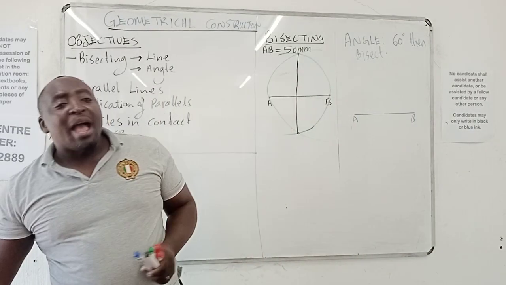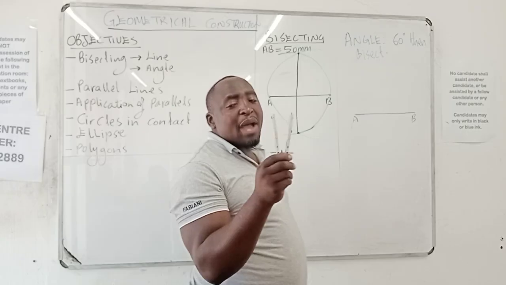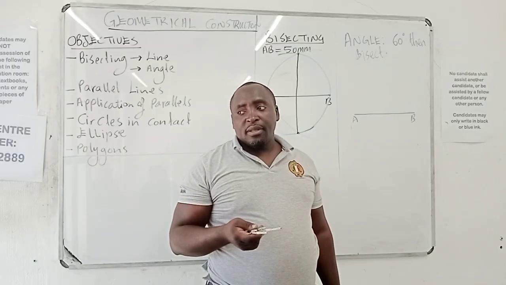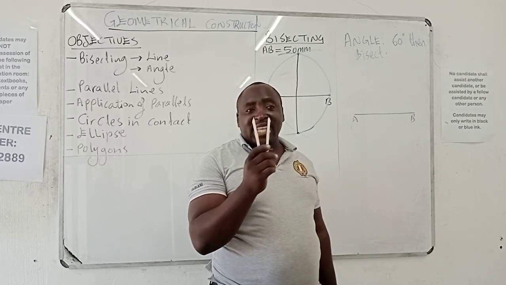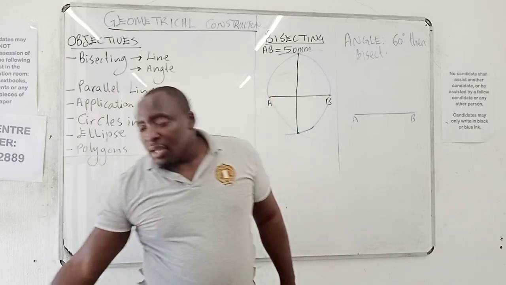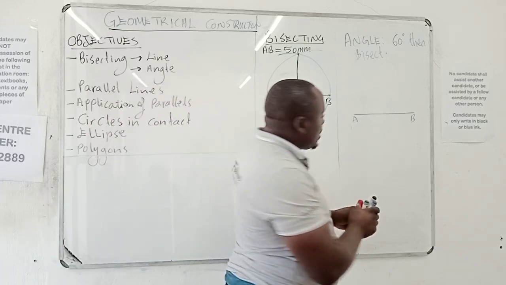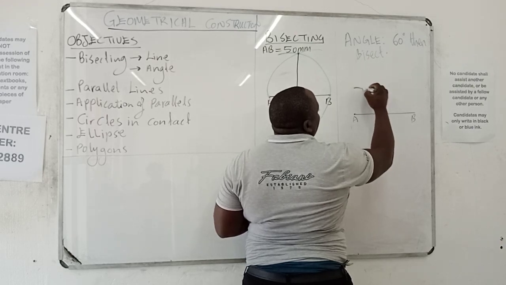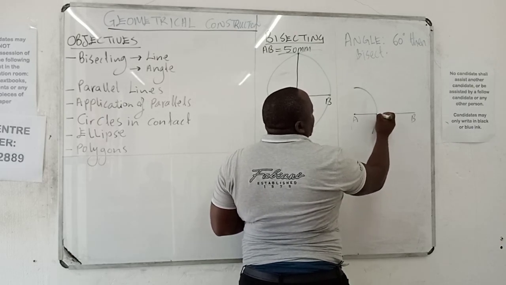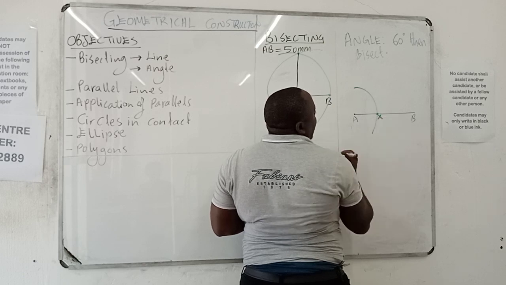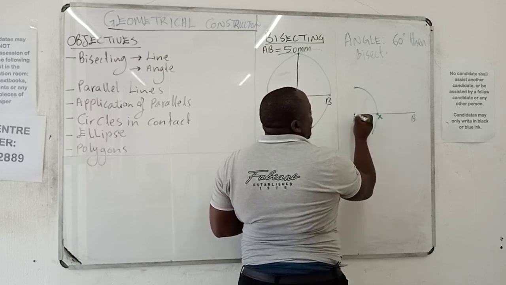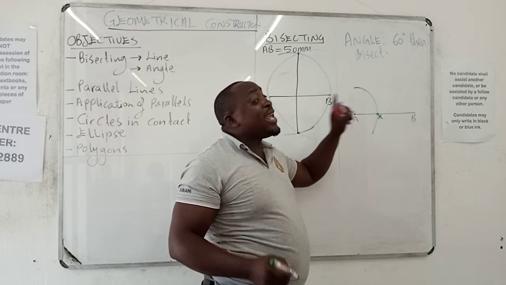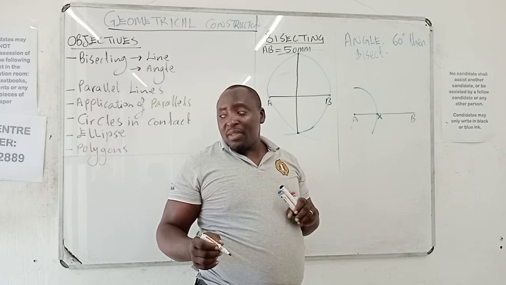Again, take your compass and open it to the size of your choice, a reasonable choice. Come to point A and draw an arc. Then come to the point where the arc is crossing, X. The same length you used to draw the arc, maintain it, don't change it.